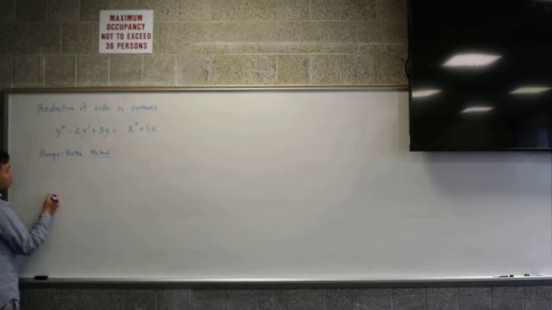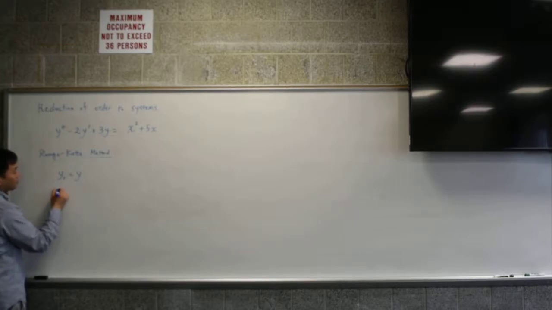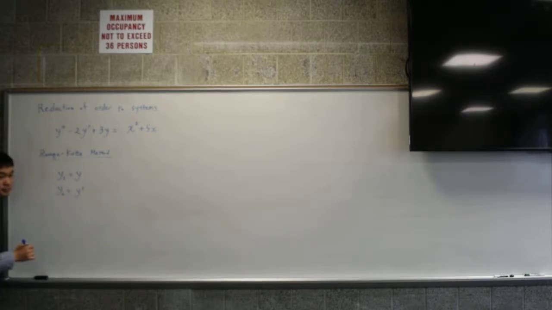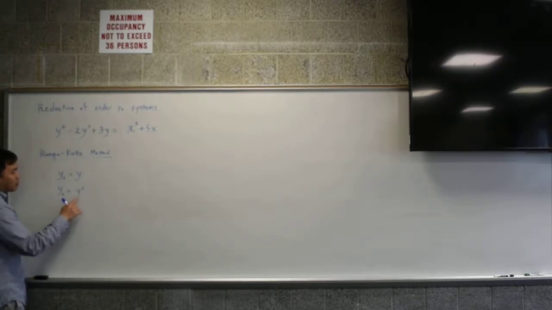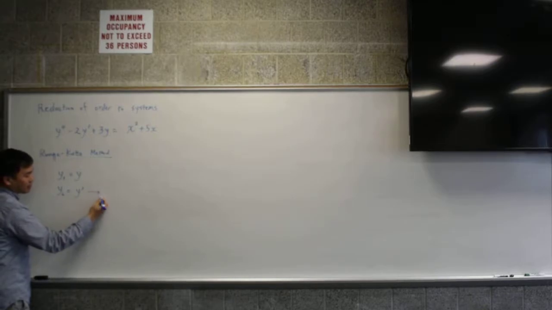Let me show you how it's done. First, you say that y1 is y, as before. And then you say y2 is y prime. So if you call y prime as another function, what would that achieve? It will achieve the following effect.